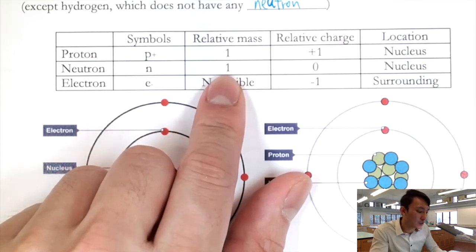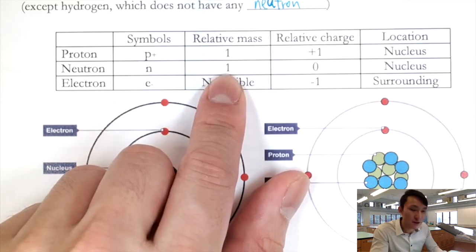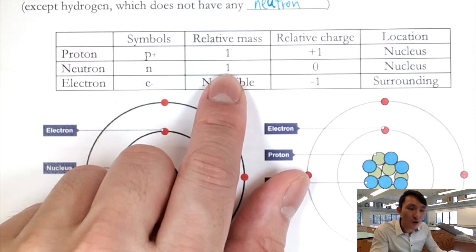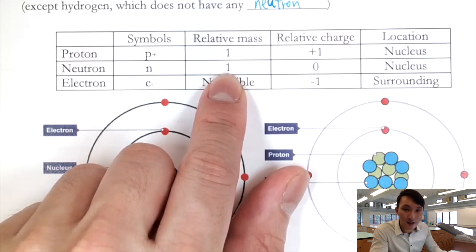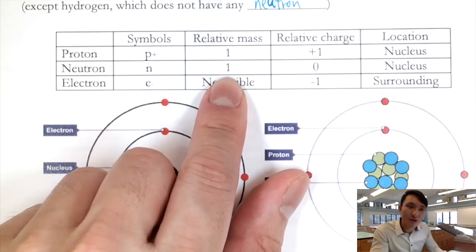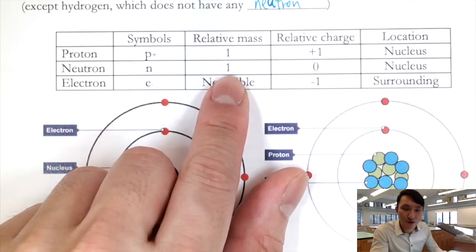If we have like 20 neutrons, then the relative mass will be 20. So that means the mass of protons is equal to the number of protons. You get it? Or the mass of all the neutrons would be equal to the total number of neutrons.